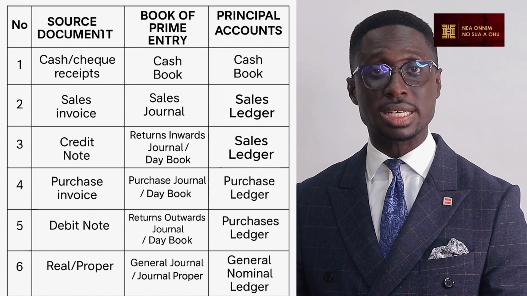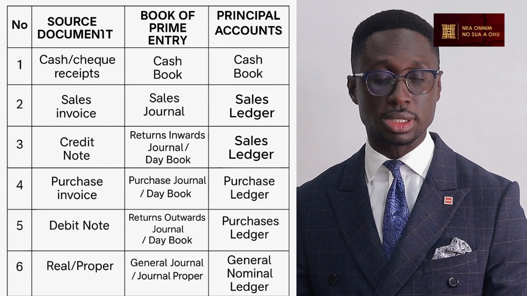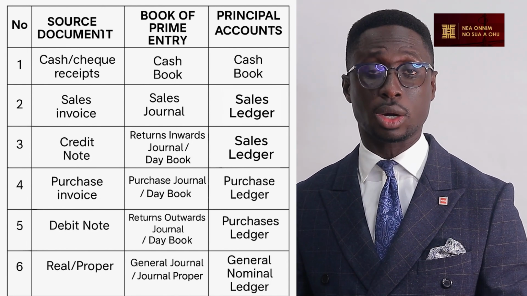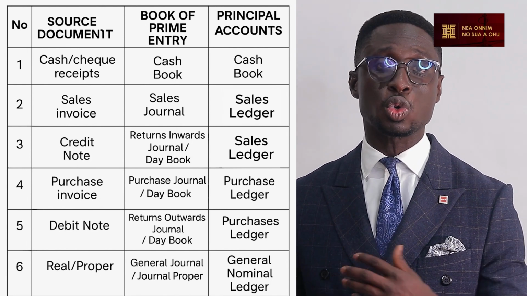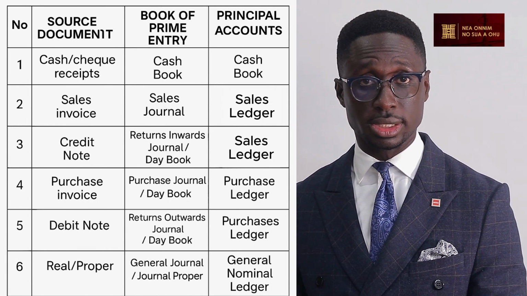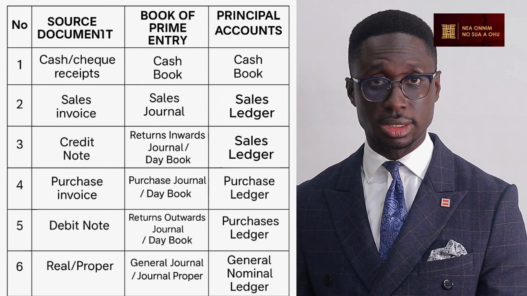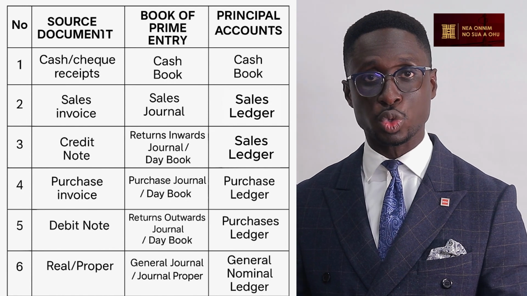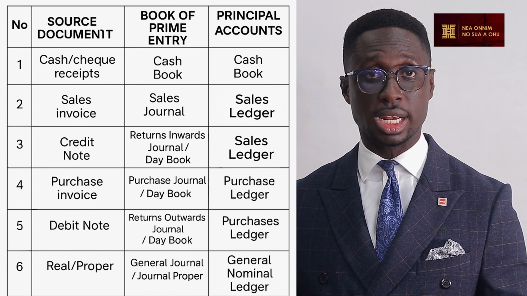So we'll actually net off all the debit notes against our what? Purchase invoices, to know what our true liability to our suppliers or vendors actually is. All right. And so that will also go into the purchases ledger.